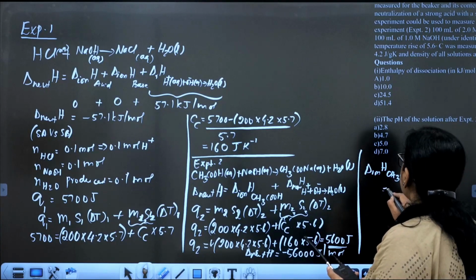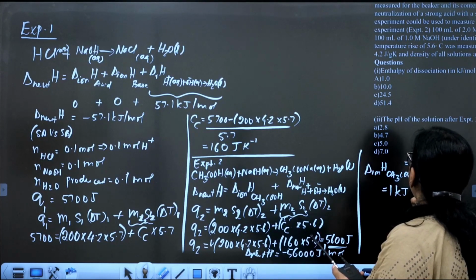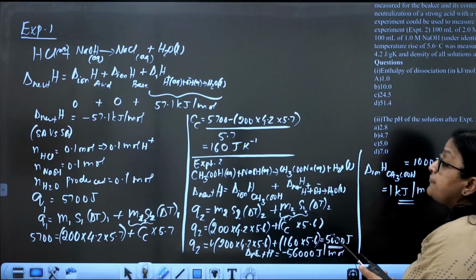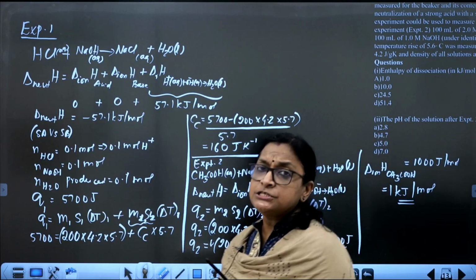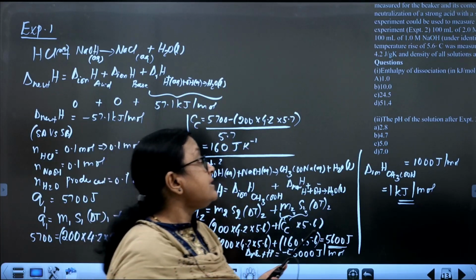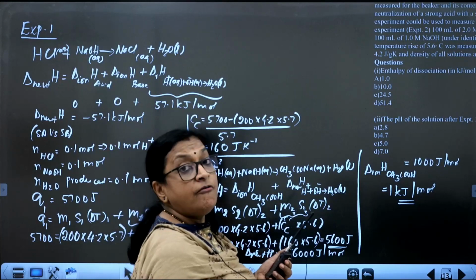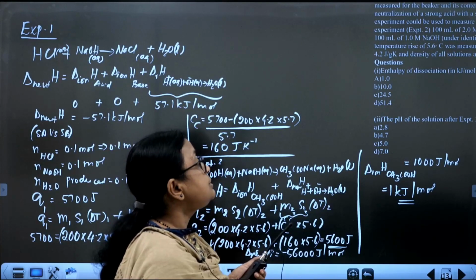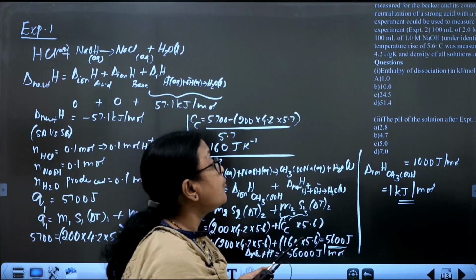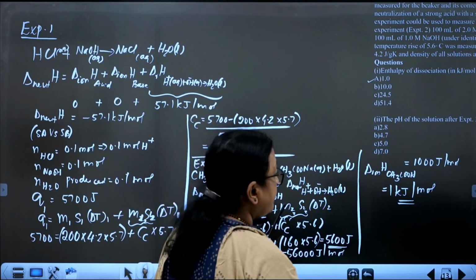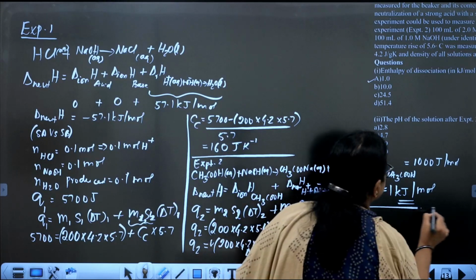Or you can say 1 kilojoule per mole of acetic acid. So the first question is: what is the enthalpy of dissociation in kilojoule per mole of acetic acid? It is 1 kilojoule per mole. So option A is correct. That is the first part of the question.